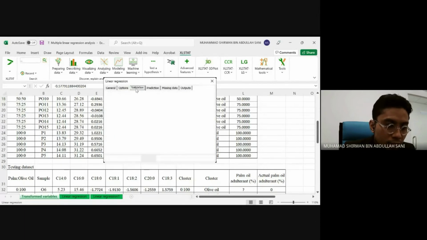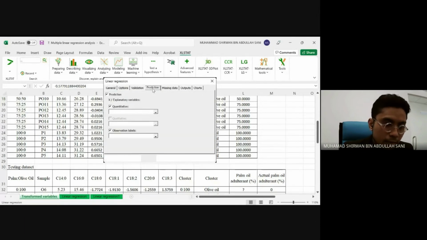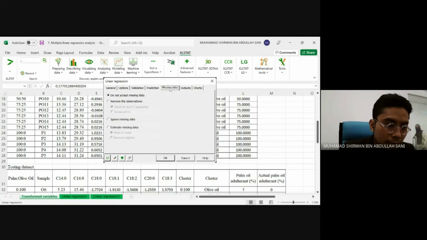For validation, let it be as it is. Prediction as well, untick prediction. We don't want any prediction yet. And then for missing data, click do not accept missing data. Again, because at the first place, we have stated that we have transformed the data and removed any missing data.